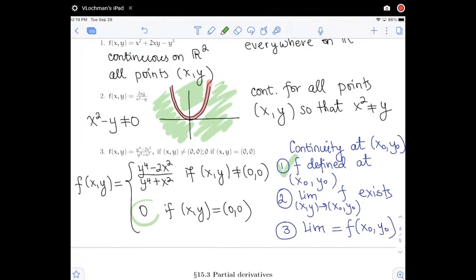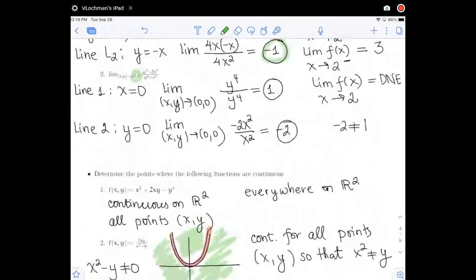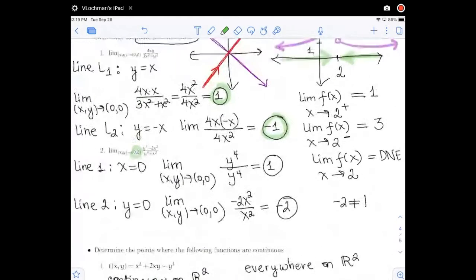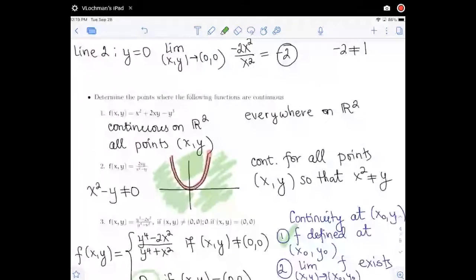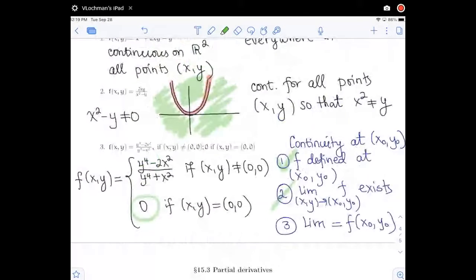What about the limit? We just showed that the limit does not exist. We showed it in problem 2 over here. So this condition is the one that's not satisfied. Now, if the limit did exist, we would also need to check the third part: does that limit also equal the value of the function? But in this case, we don't even need to go into the last part.